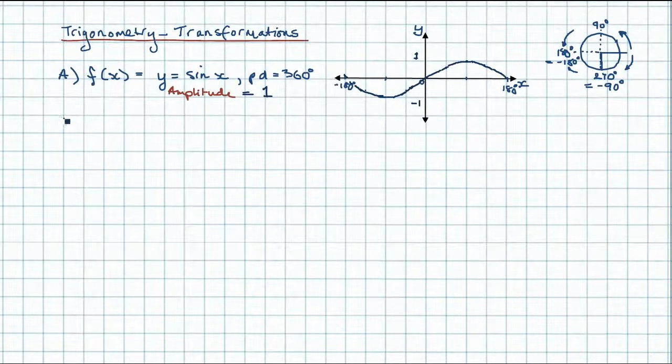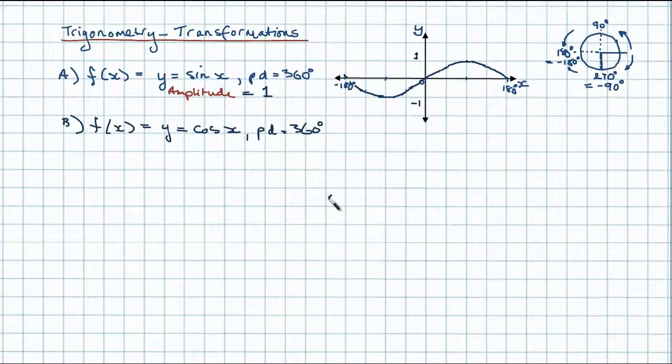Problem B. f of x equals, well, let's just say the cosine of x. So y equals the cosine of x. Our period is going to be 360 degrees, exactly the same as the sine function. We can draw it on the same graph, because the period is 360 degrees.